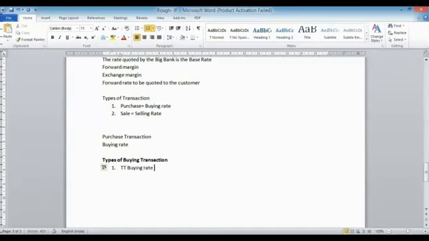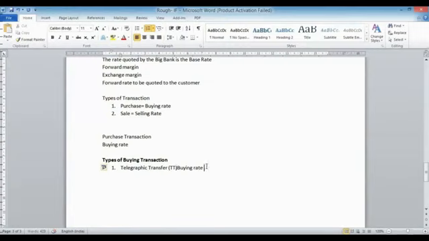Means the rate available under those transactions where there is no delay will be known as TT buying rate. TT means telegraphic transfer. In short, we say TT.